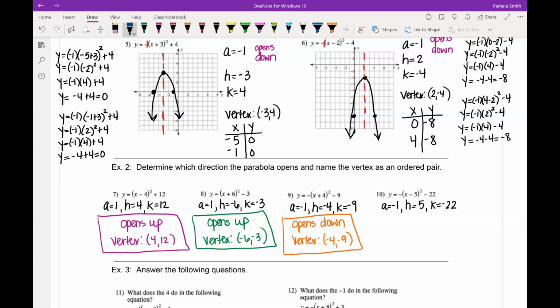Again, the same as number 9, A is negative, so this is going to open down. And my vertex is at 5, negative 22.